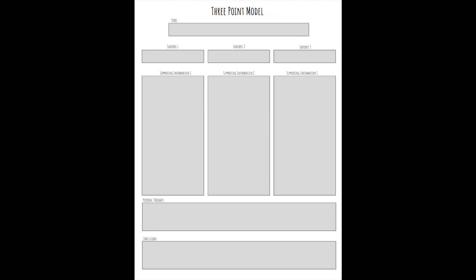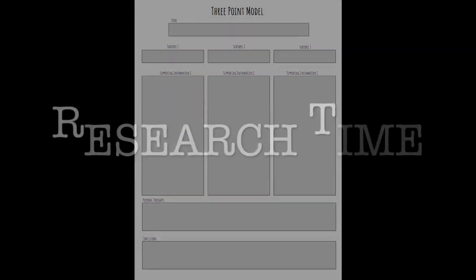I've shared this model with you through Google Classroom, so you're more than welcome to use that. However, if you do not have access to Google Classroom, then you'll probably have to draw this out on a piece of paper. I also made a video that tells you how to make this particular model using Google Slides. Feel free to check it out.